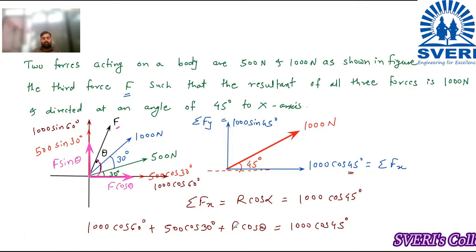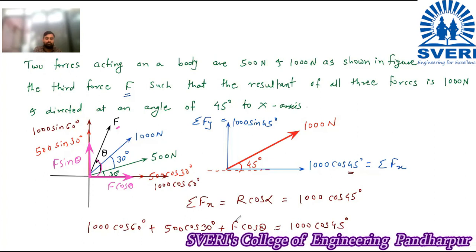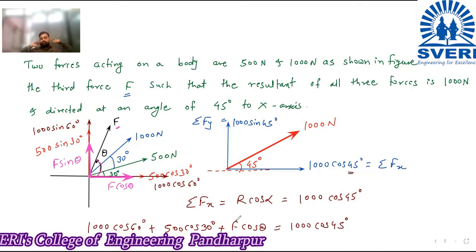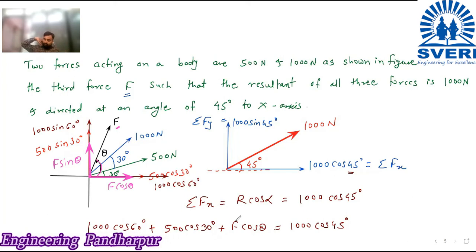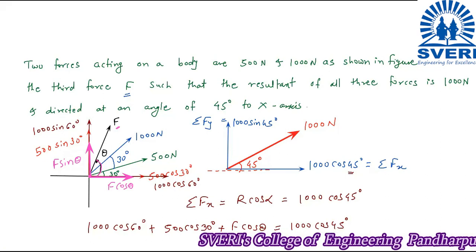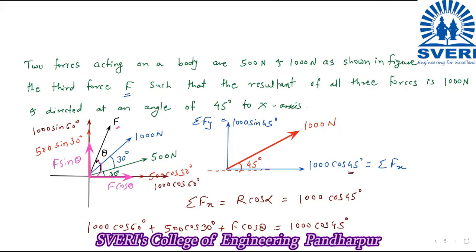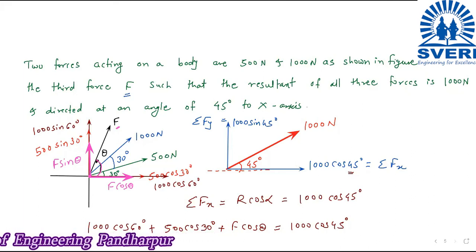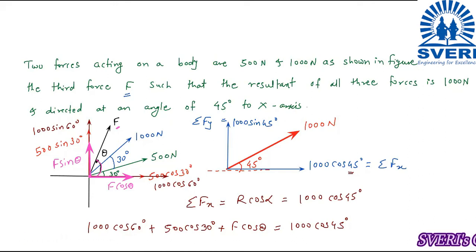So now solve it and let me know the equation. Okay, do the fast calculation. 1000 cos 60 plus 500 cos 30 plus F cos theta.